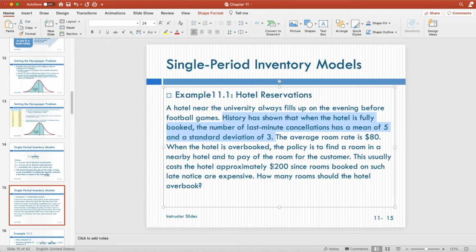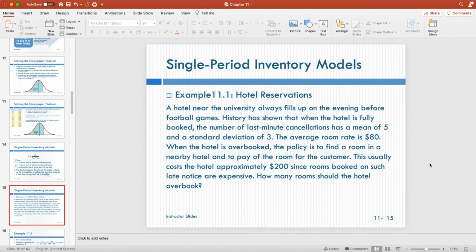This fee is $200, which is much higher than the original rate of $80. So even before using our single period inventory model, you can already see there is a trade-off between overbooking too little or too much.